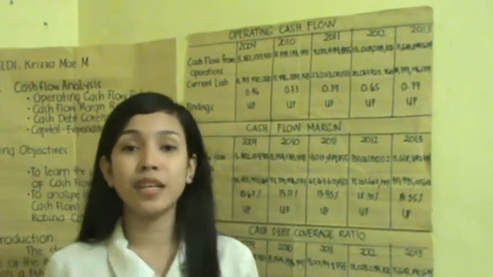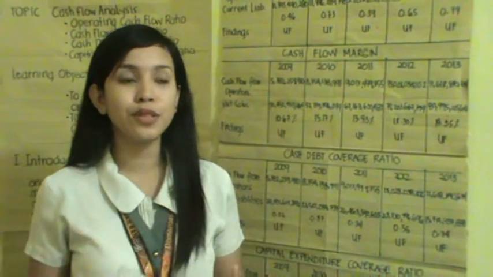First is the operating cash flow. Operating cash flow is one of the most important cash flow ratios. It relates cash flows that the company accrues from operations to its current liabilities. It measures how liquid a firm is in the short run.